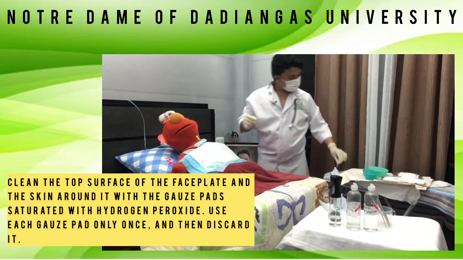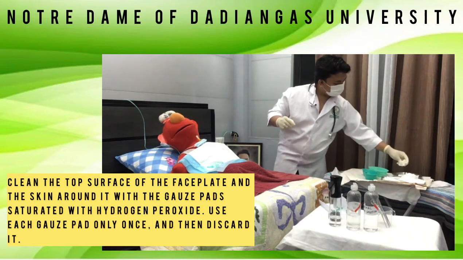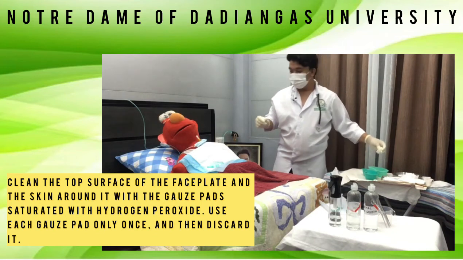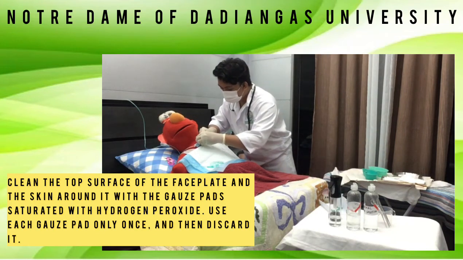Clean the top surface of the faceplate and the skin around it with a gauze pad saturated with hydrogen peroxide. Use each gauze pad only once and then discard it.